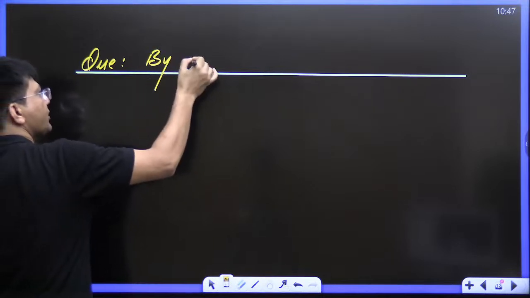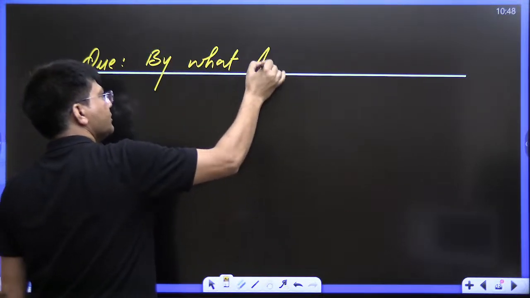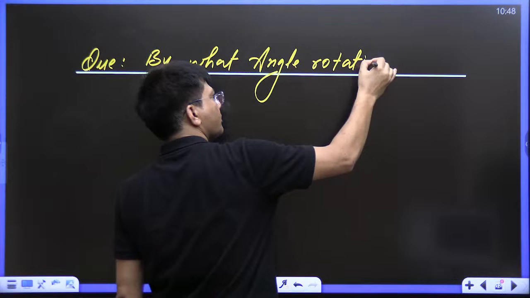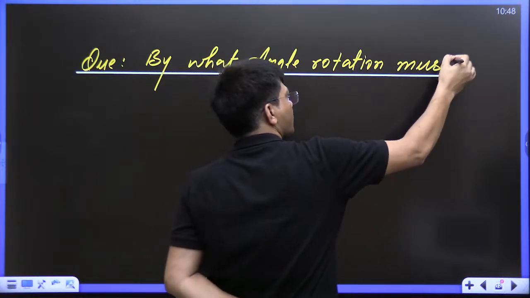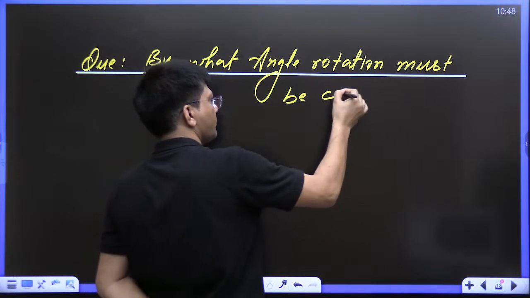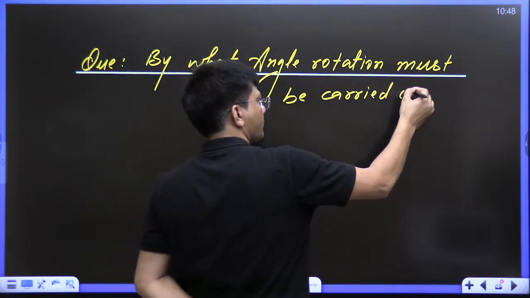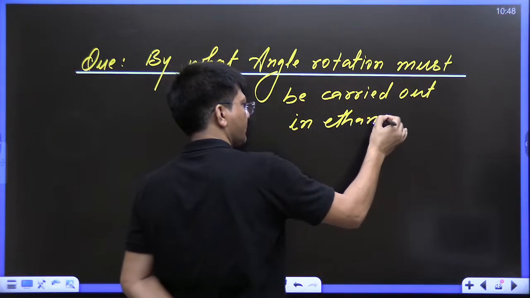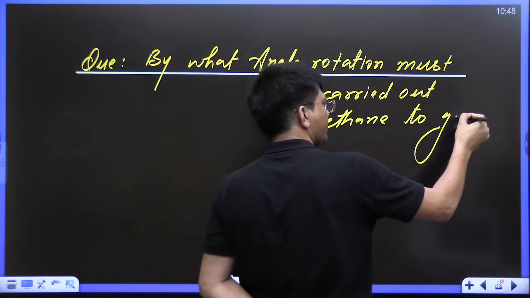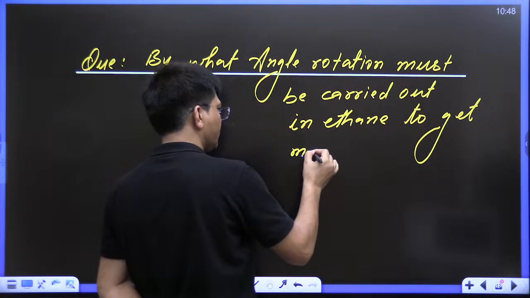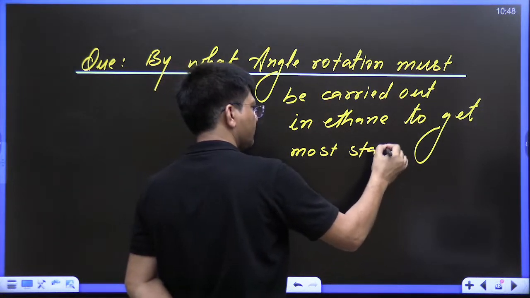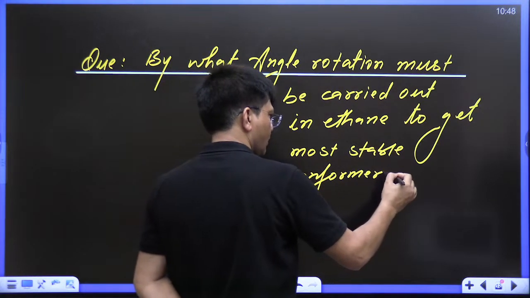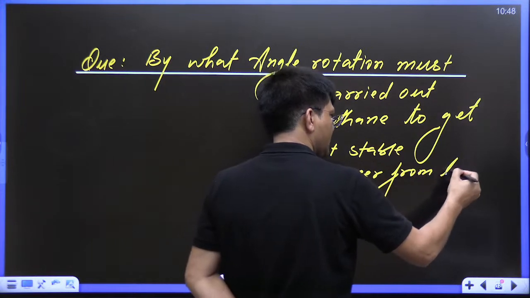By what angle must rotation be carried out in ethane to get the most stable conformer from the least stable?